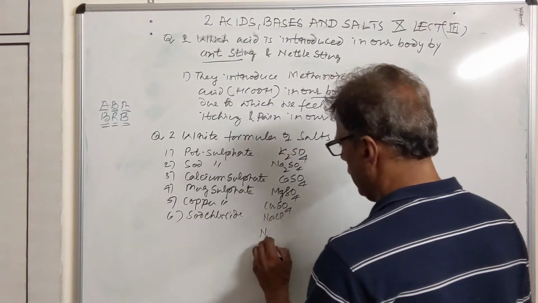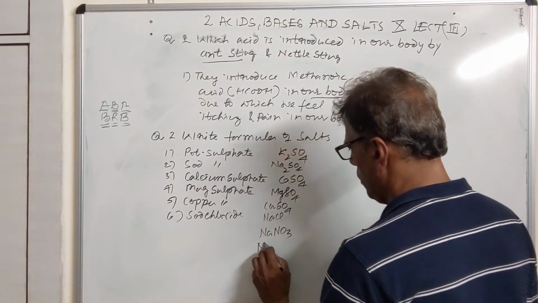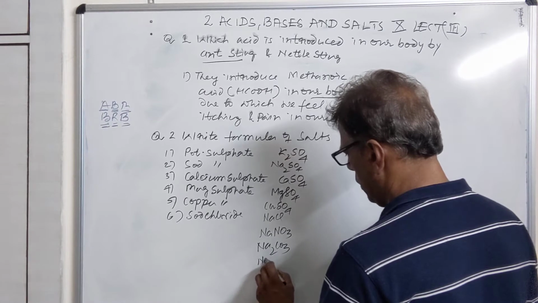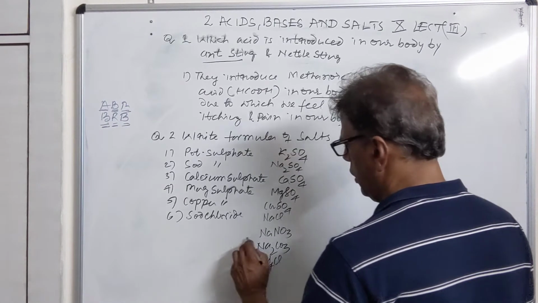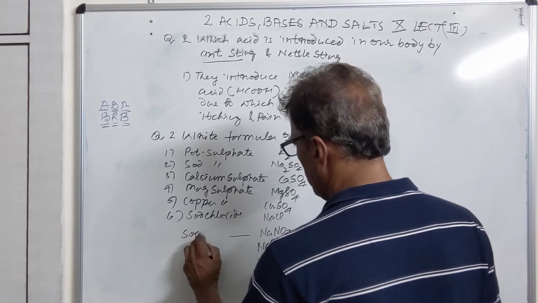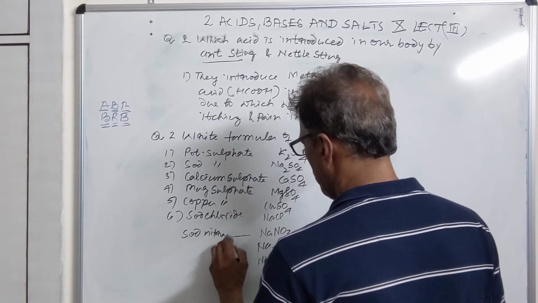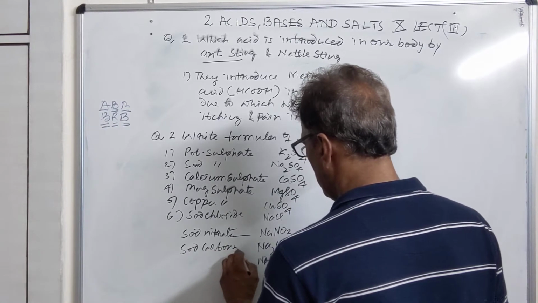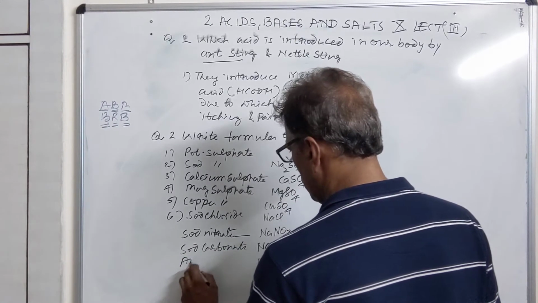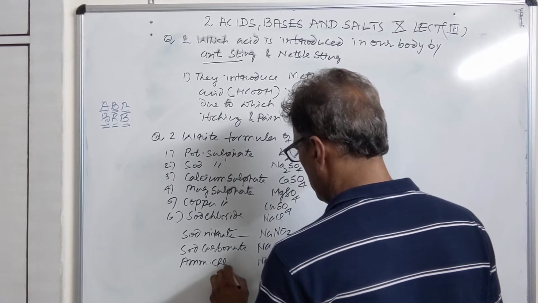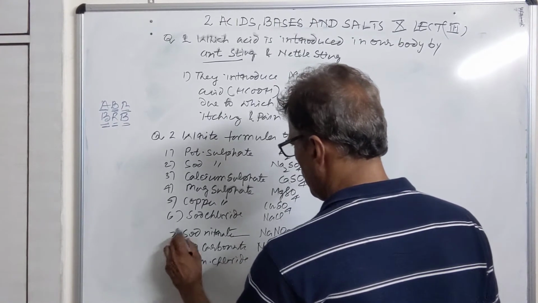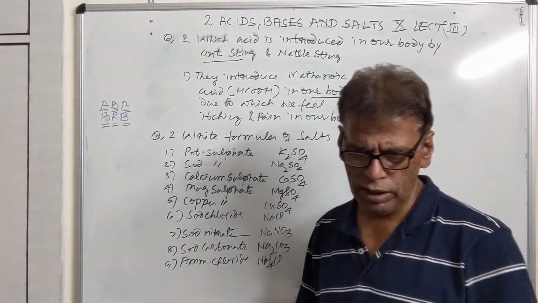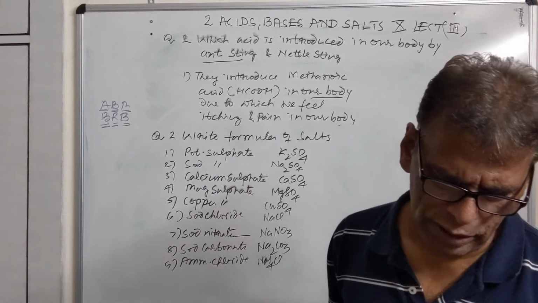Then we have sodium nitrate, sodium carbonate, and ammonium chloride, NH4Cl. So these are the formulas of the salts whose names are given to us.